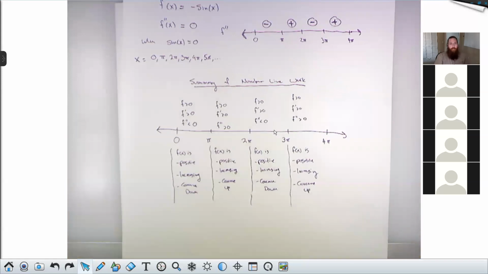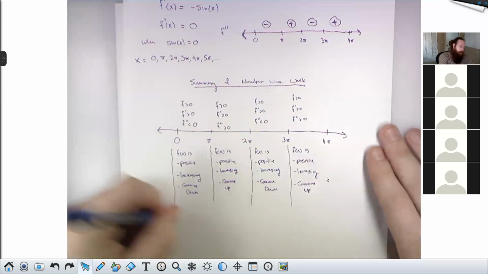I don't have any local mins or local maxes because f prime is always positive. F prime never goes from positive to negative, meaning my function never goes from increasing to decreasing, which means I could have never gone through a max or a min, because to do that, you have to go from being increasing to decreasing, and my function is always increasing. So no mins or maxes.